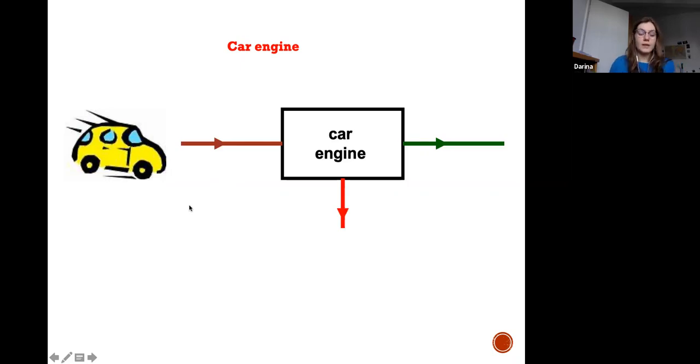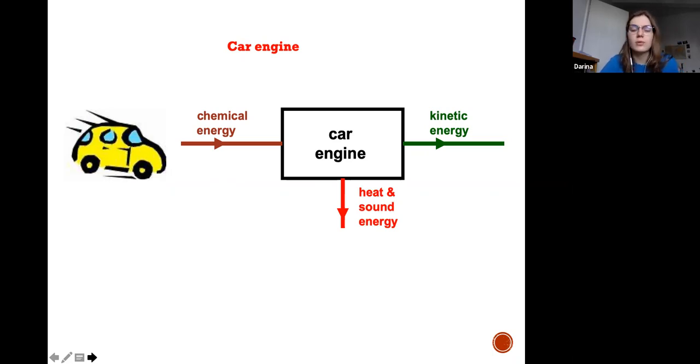Right, so it's provided with chemical, you've got kinetic energy, and then thermal is a waste. Well done, that's exactly right. So well done for identifying chemical. Chemical energy is obviously the fuel that we're burning, therefore as a chemical reaction, we're releasing energy. Then we have kinetic energy as the car is now moving. And finally, we have heat and sound energy. So thermal, again, appearing everywhere. Sound, I guess, to a small extent.